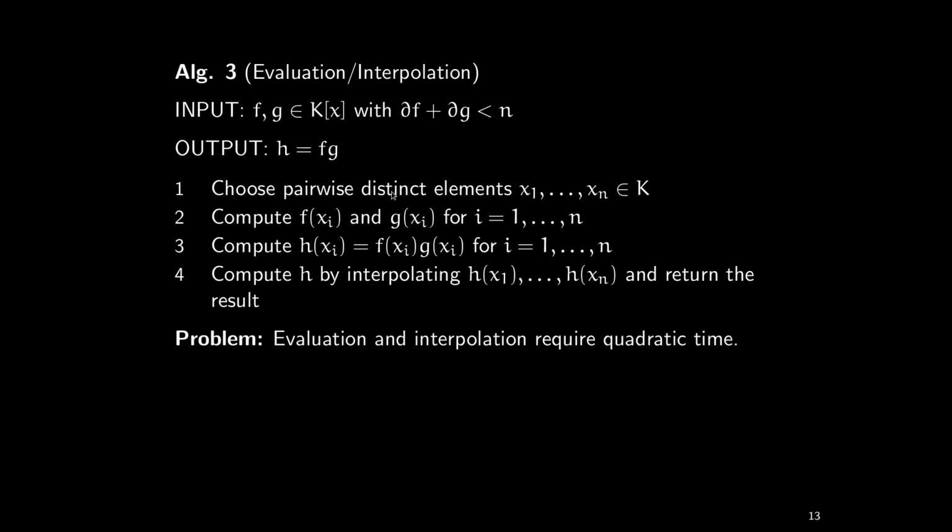Any choice. Of course, pairwise distinct, I cannot use the same x twice. But as long as I choose any n x's from k, this will work. So I can hope to come up with a more efficient algorithm by choosing the x's in such a way that I can do steps 2 and 4 more quickly.